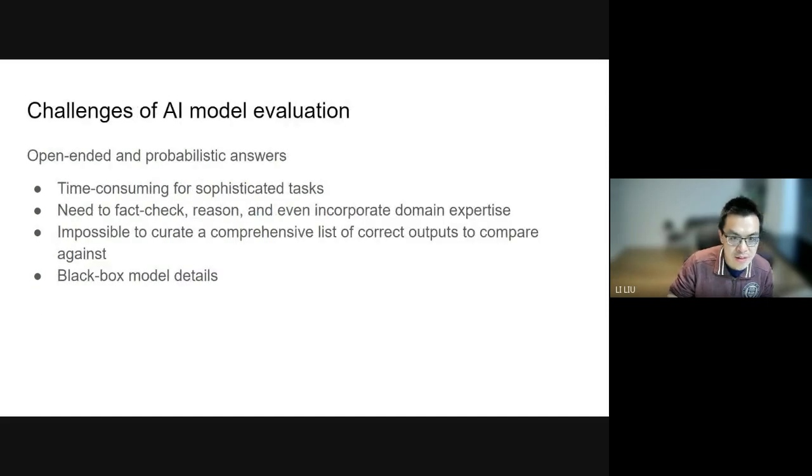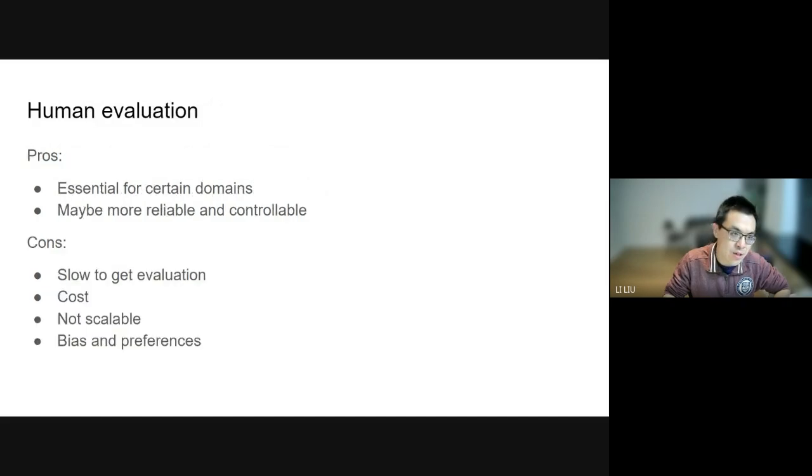So this leads to the question, how do we do that? The most straightforward way is human evaluation. Just like we usually have humans label data, we can also manually evaluate the results as the first step, or the easiest way to get started.